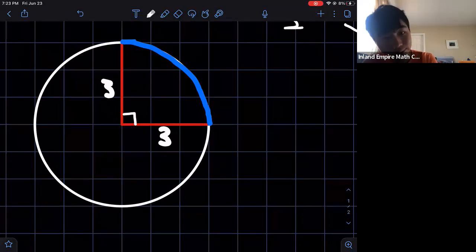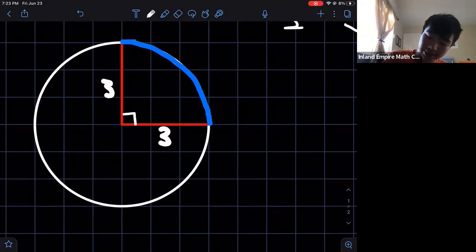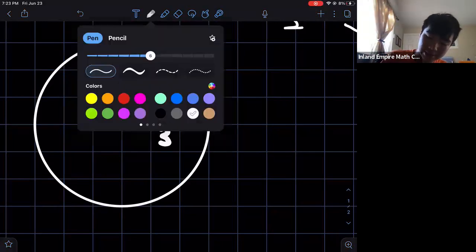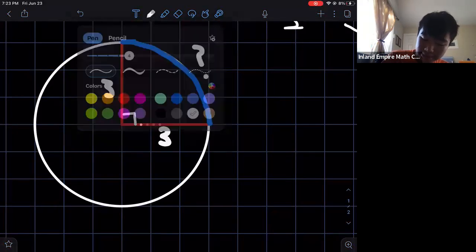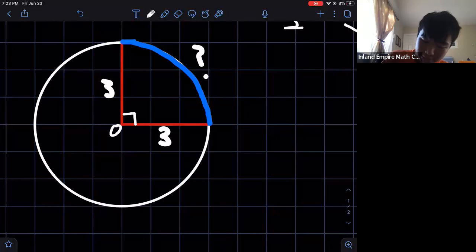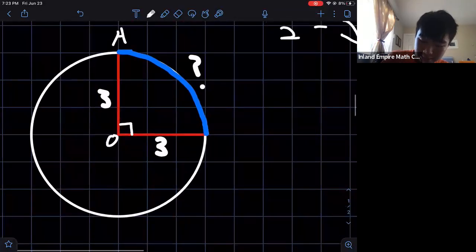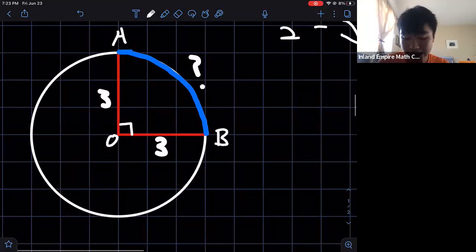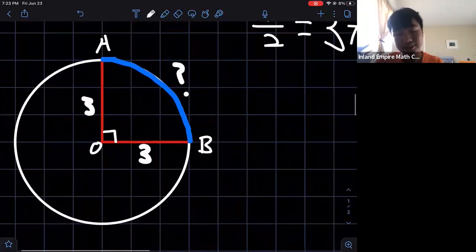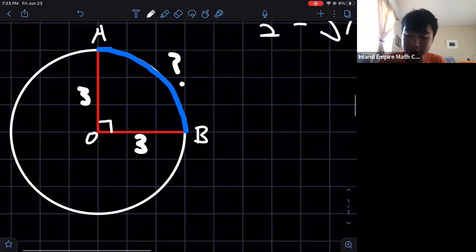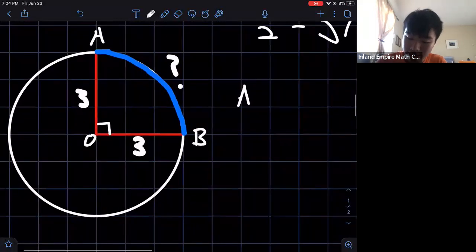So I'll give you guys a moment to think about it before we talk about how to solve this, but let me just put a question mark. And it would actually be nice to add some letters here: O, A, B. The way we talk about arcs is to say arc AB.